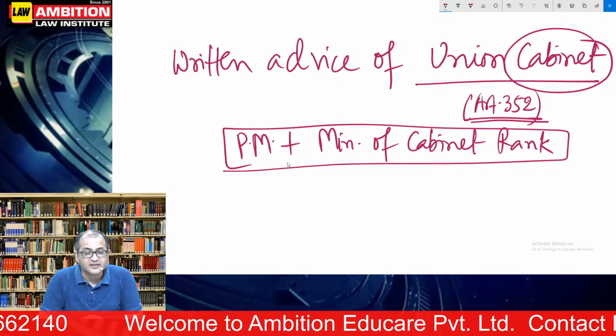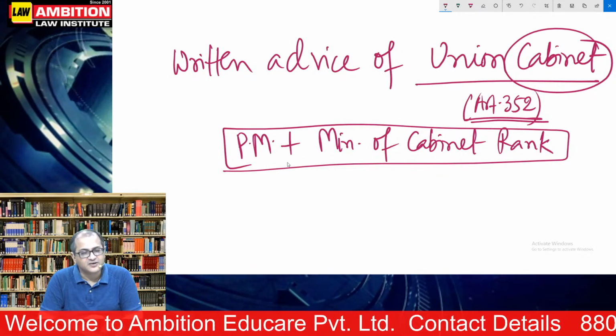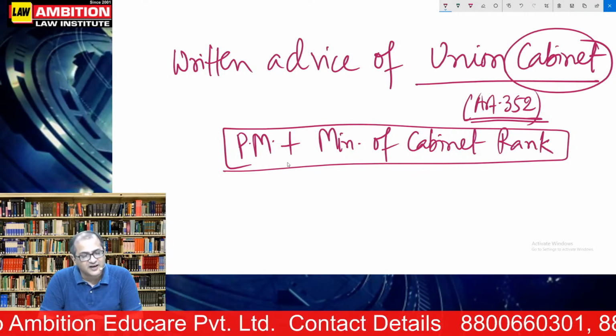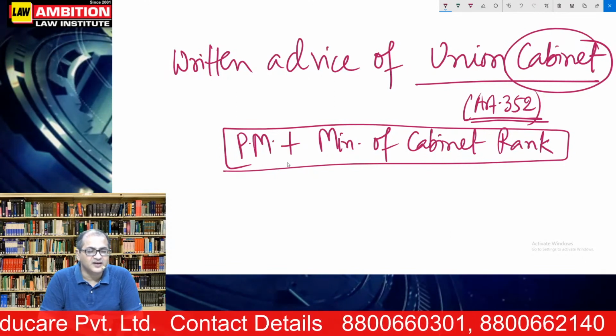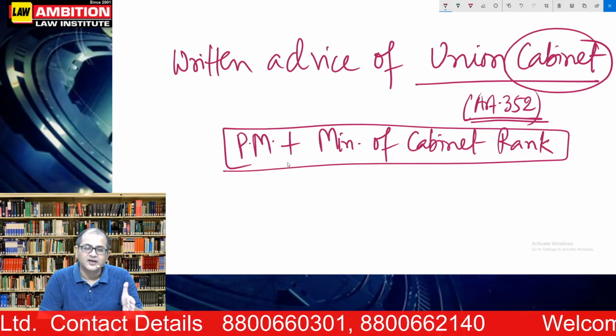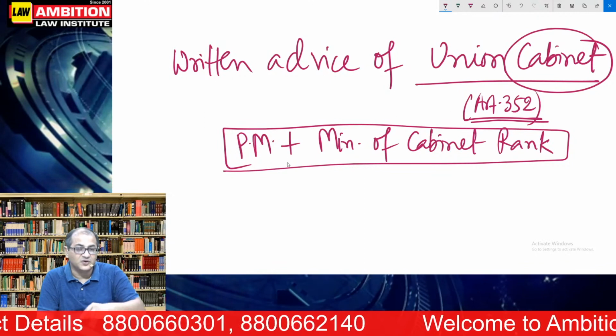So that is why the Janta government, by the 44th Amendment, amended the Constitution and provided these two-way procedures, the two-way safeguards in the Constitution. On one hand, written advice of the Union Cabinet, not of all.